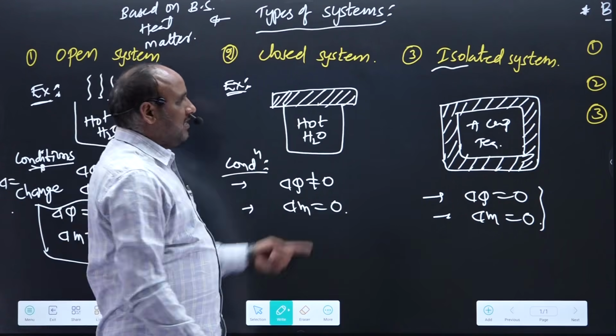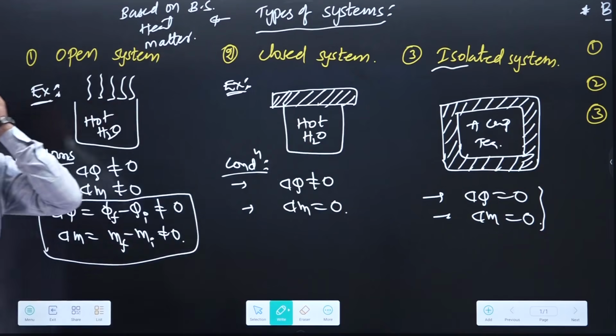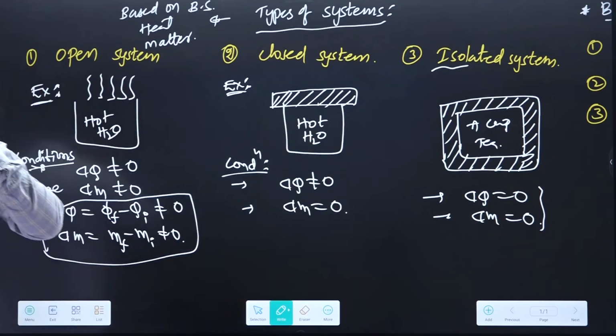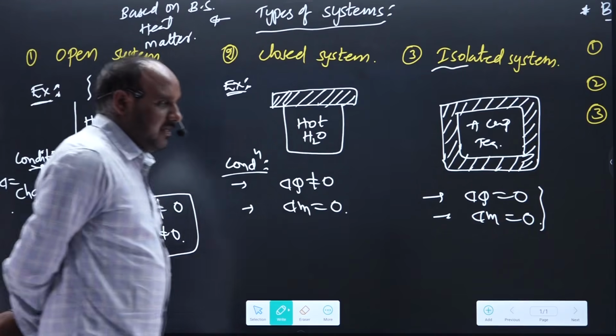Right, next, isolated system heading. The system in which neither heat energy nor matter.